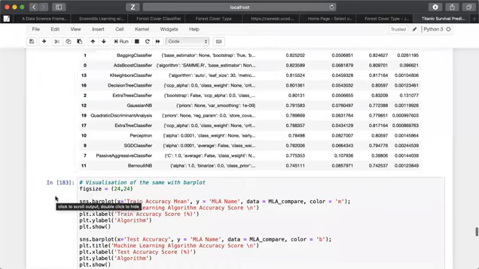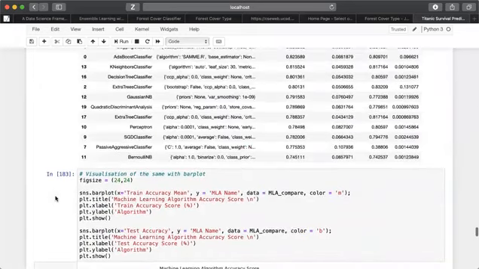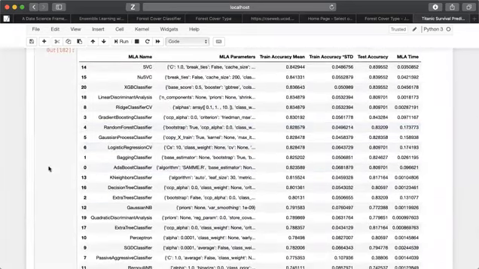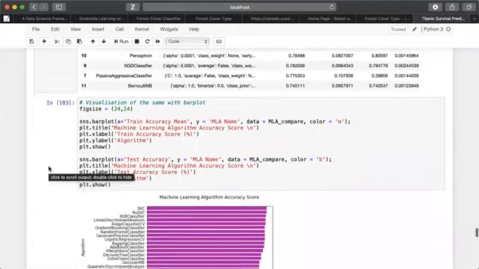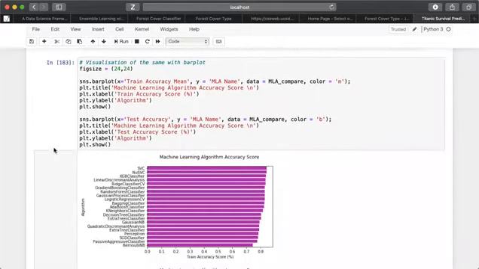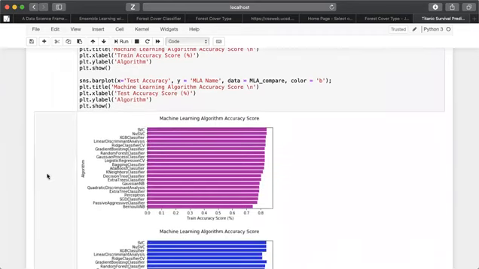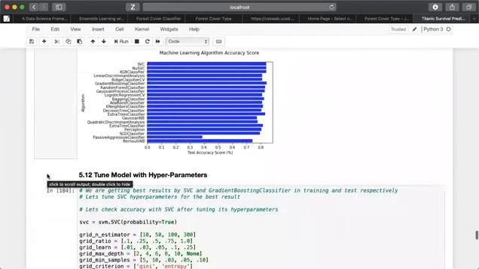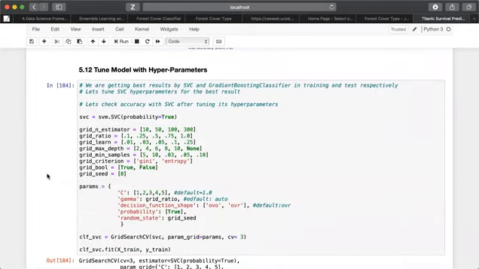We can visualize this data frame by using this code, just by plotting the bar plot with X level and Y level for both train and test. So here the scores will come. We can see the same thing. Now I have got an idea that SVC is giving me the best results for the train data and gradient boosting classifier for the test data.